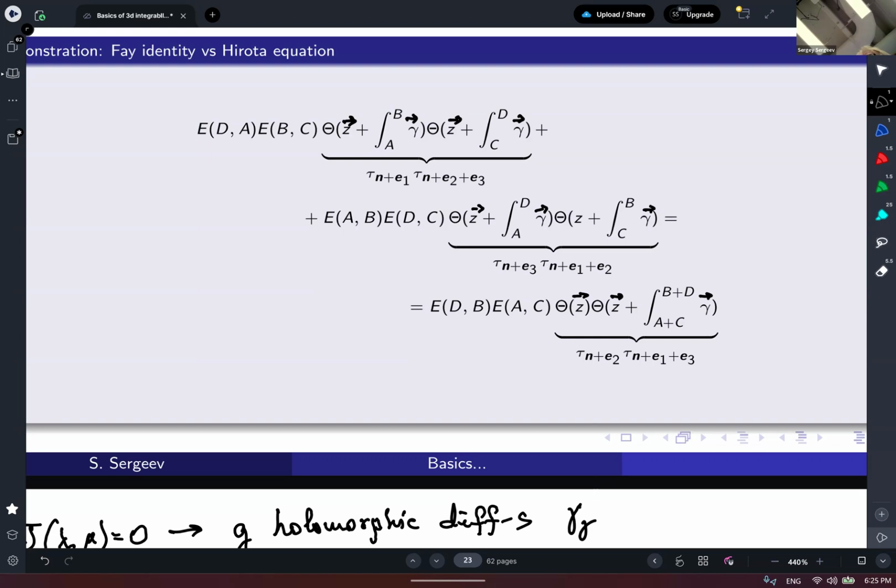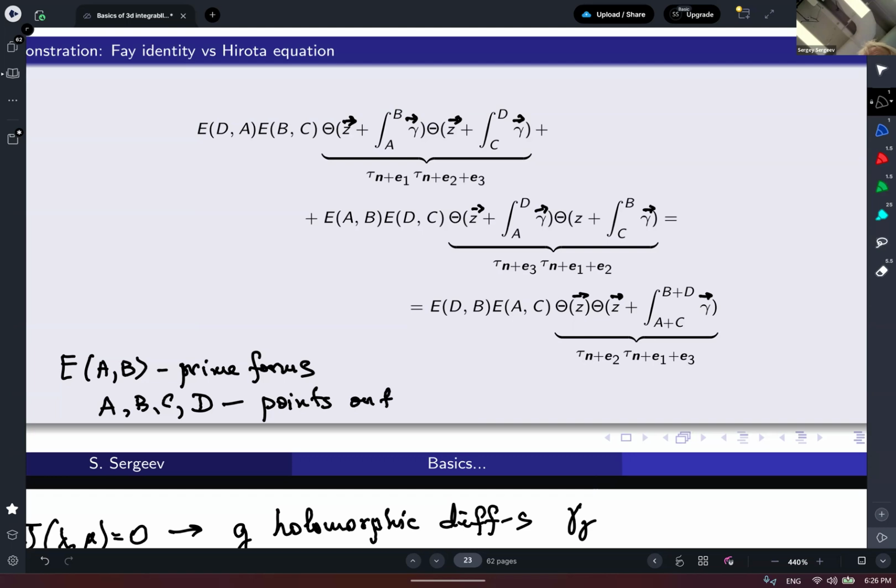So that's a bi-quadratic identity. The coefficients E are called prime forms. So E of AB are called prime forms. And all the capital letters A, B, C, D are just points on the curve.